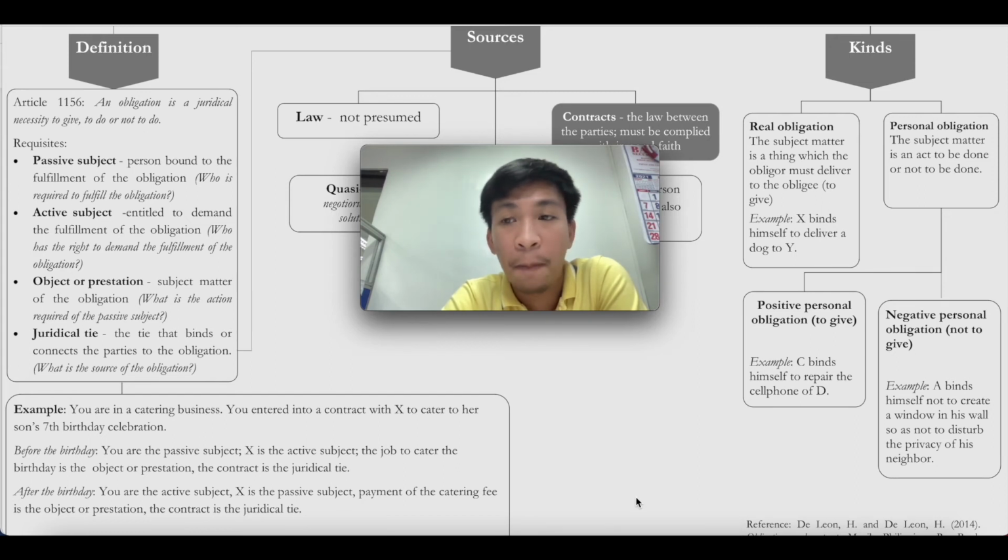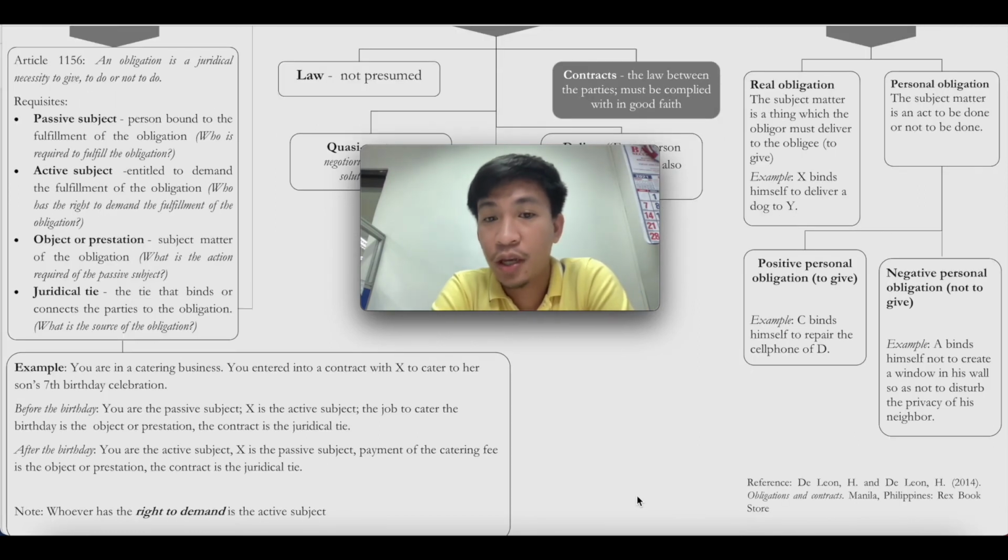Sa personal obligation, diyan naman papasok yung to do or not to do doon sa definition ng obligation kanina. Personal obligations can be further subdivided into 2 kinds, the positive and negative personal obligation. Actually, sorry about the handout that I'm flashing now, pero I will be changing it doon na lang sa website. But positive personal obligation is actually the obligation to do. Kasi nga sa real obligation yung to give.